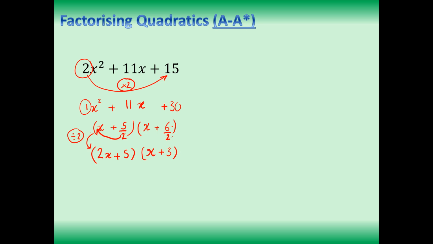Now this is the factorized form. We have finished with factorizing that. Now you might like to use this method in your working out. That's fine. The correct answer will be given with both methods. I'll show you the correct answer. I hope you copy this. You can pause the video and copy what happened here, and I'll show you the other way to solve it.